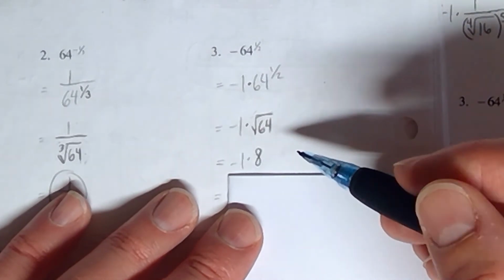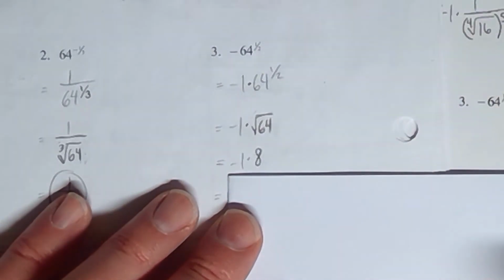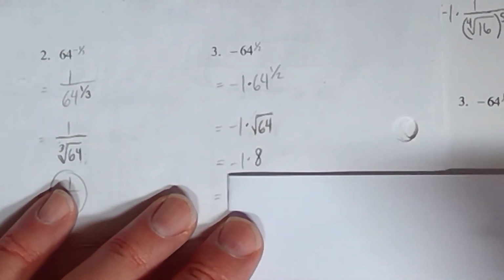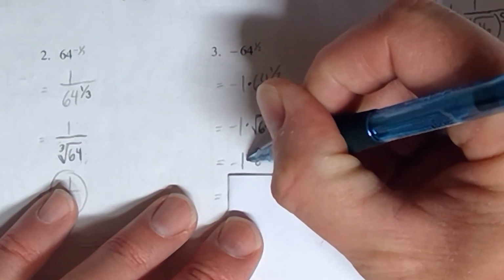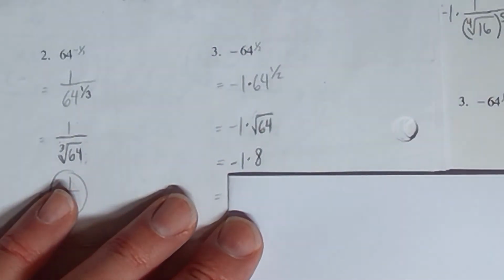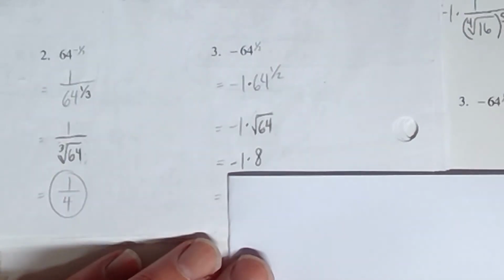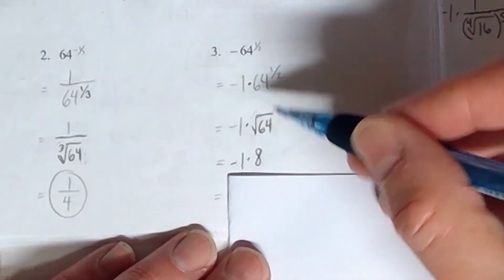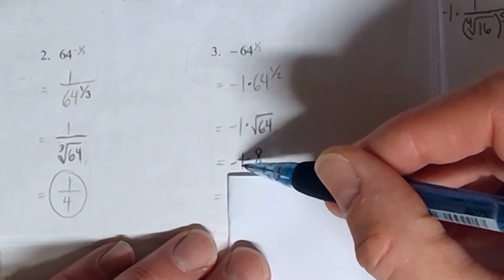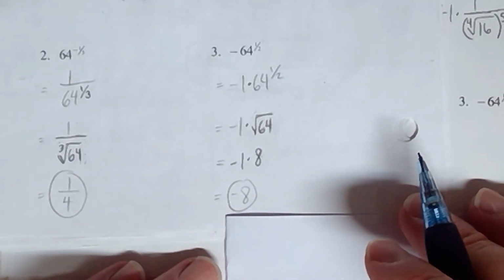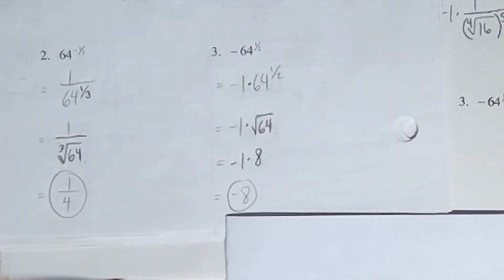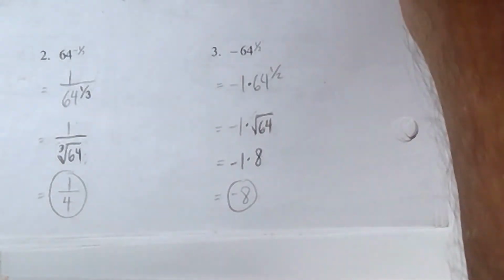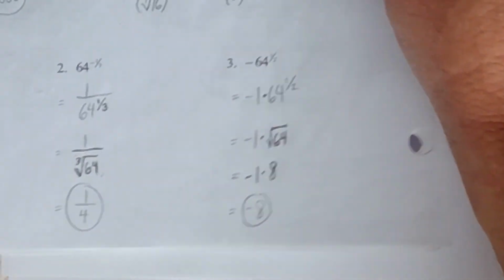Because the P and the E in PEMDAS are before M. So no matter which way you look at it, radicals come before multiplication. Okay. -1 times 8. So in other words, I figured out the radical first, then I do the multiplication. Final answer is -8. Let's move on over to the last two problems on the second page.